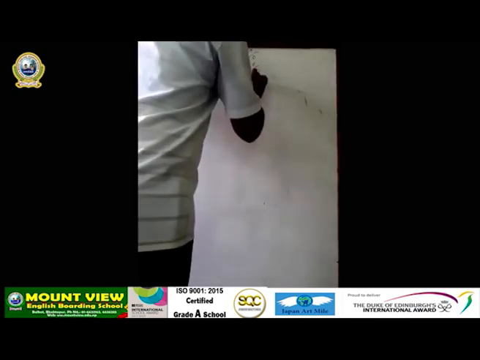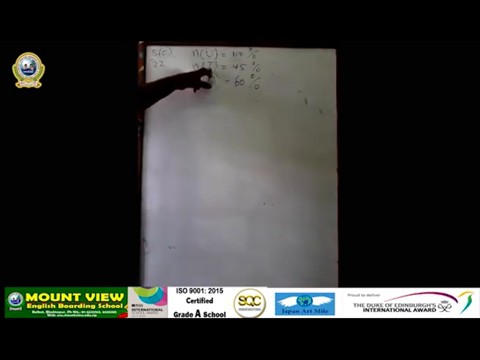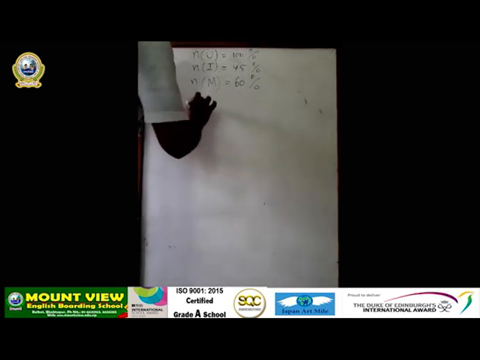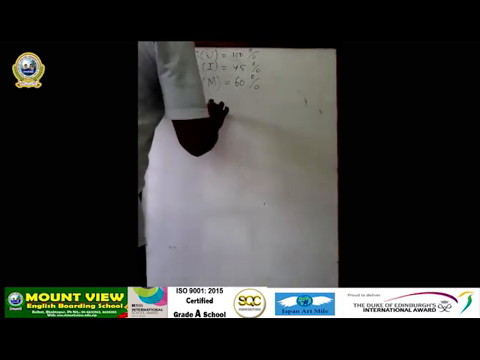That's why this is the question related with internet, like online class. So first of all, n(U) total is 100%. Mean total people in the survey is 100%.